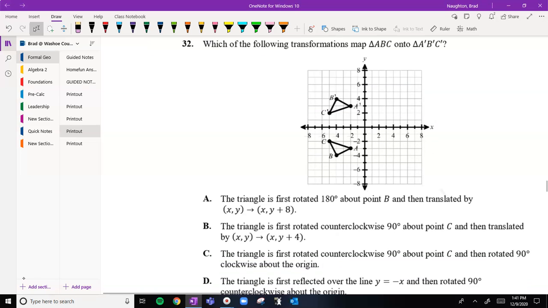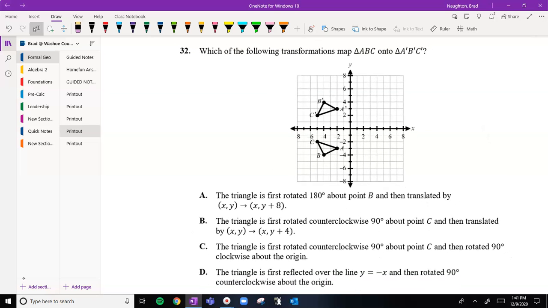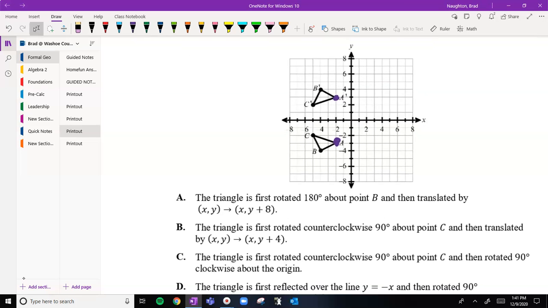Alrighty, on 32 here, it's saying which of the following is going to give us A to A prime. So you can go ahead and pick your A or your B or your C. Pick one point and get it there. So let's start with this first one. So it's rotated 180 degrees.